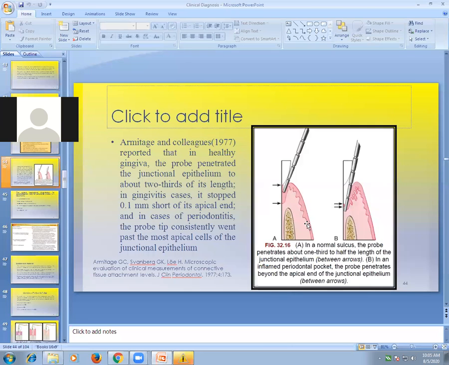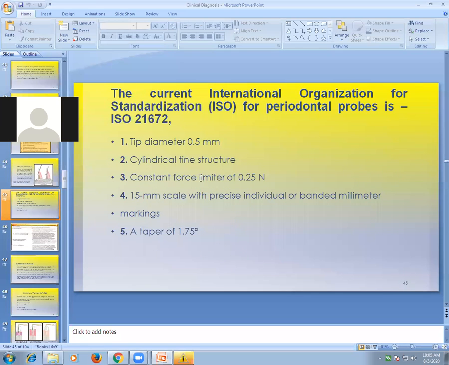Any one of you? To identify that 20 grams you are inserting, is it possible to insert the same amount of probing force every time? It's very difficult. So there is a test, which we call the nail bed test. At the base of your thumbnail, you insert the probe, and at the point when you feel some irritation, that much amount of probing force you have to apply while checking probing depth. Got it?